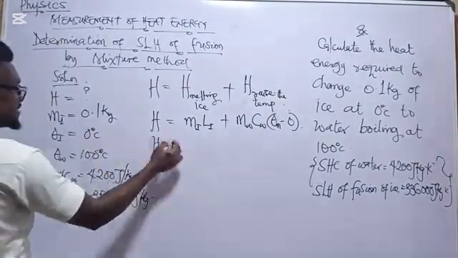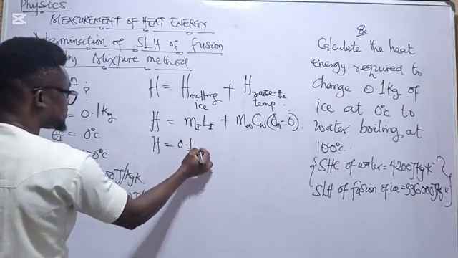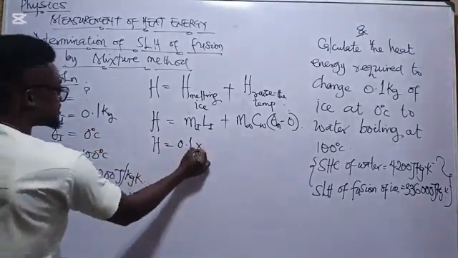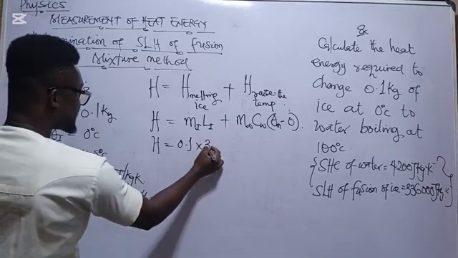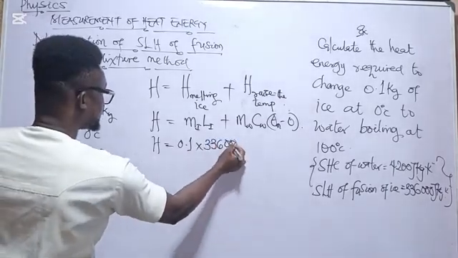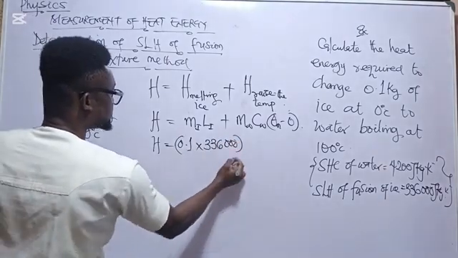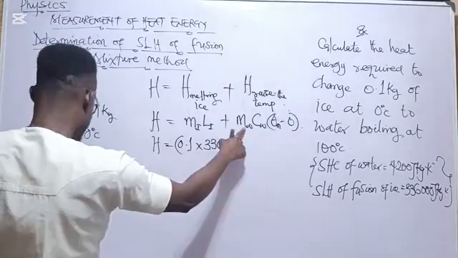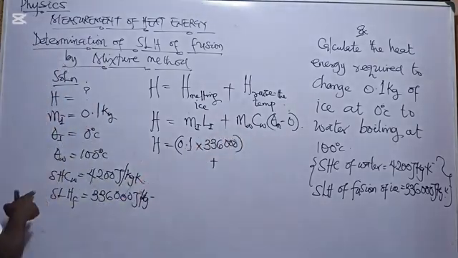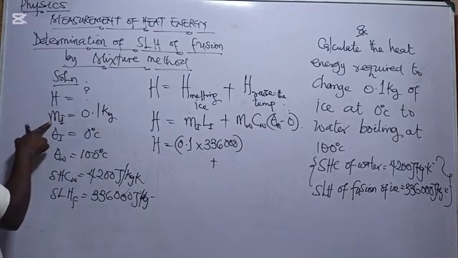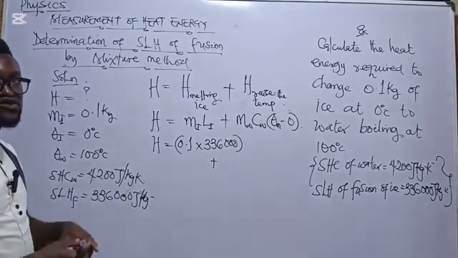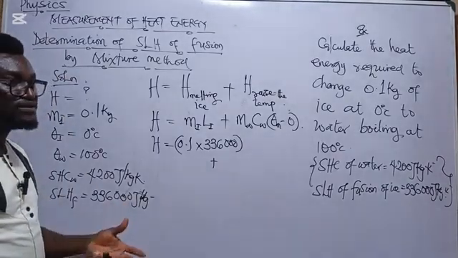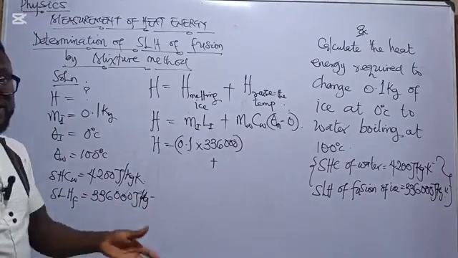So in that case, we have the heat. The mass of the ice is 0.1 kilogram times the latent heat of fusion of ice, which is given as 336,000. Then plus, we have mass of the water. The mass of the water is the same thing as that of the ice. Why? Because it is the ice that turns into water, and we believe that there is no loss of heat to the environment.